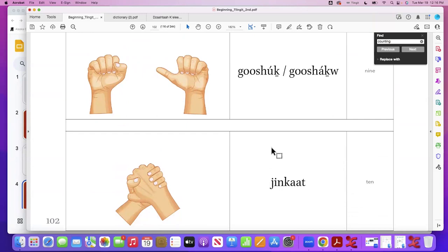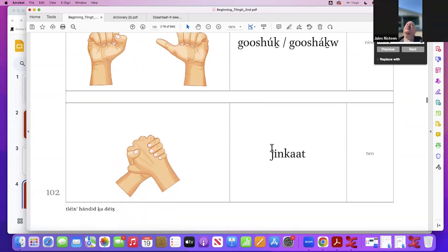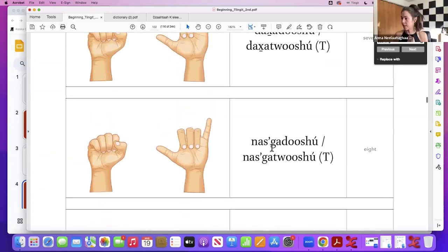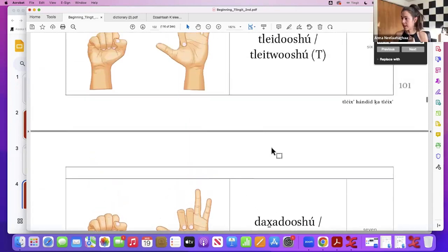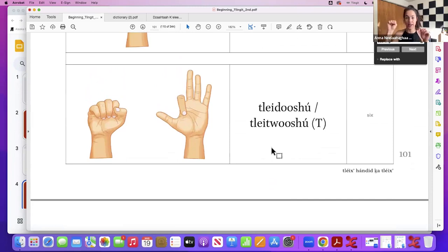Gush. Gushuk. Jinkat. So let's do just from 6 up. We have Clé de chou.